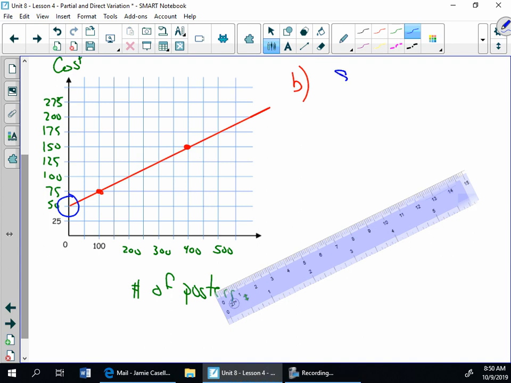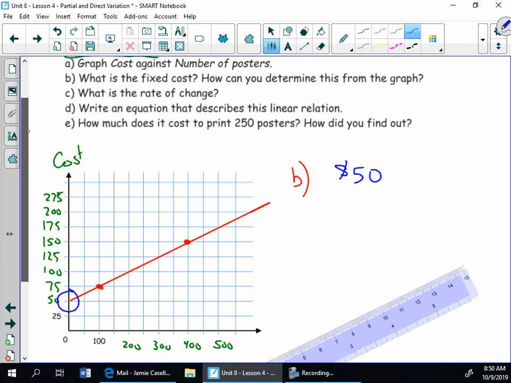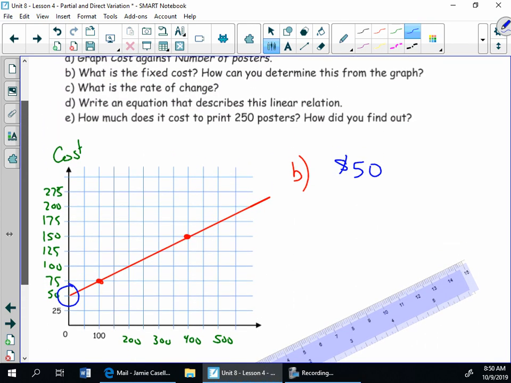It has to start at $50. If I know something's a line, I can find the initial value just by drawing my line. Okay, how do you determine from this graph? Draw the line.